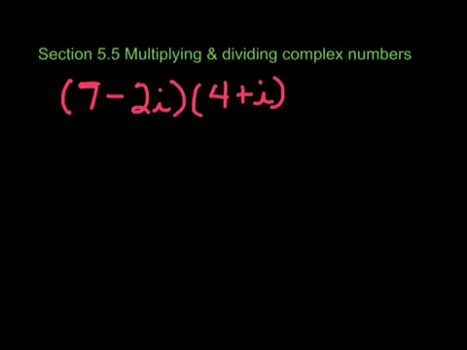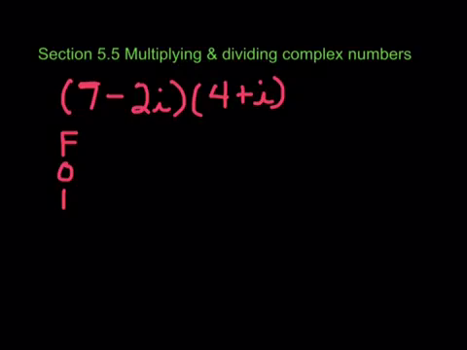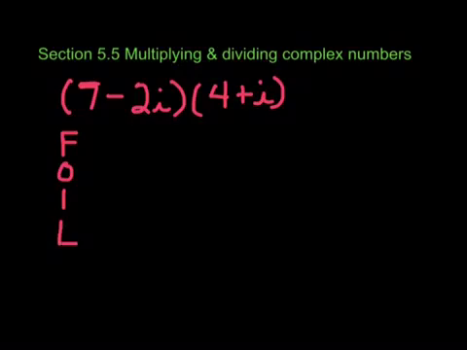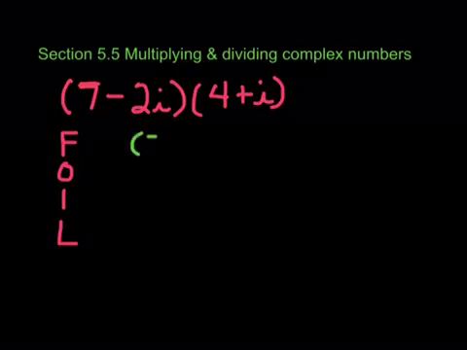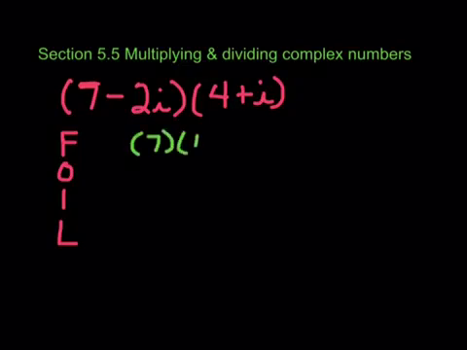Our FOIL process is first, outer, inner, and last. First, we're going to multiply 7 times 4 and get 28.